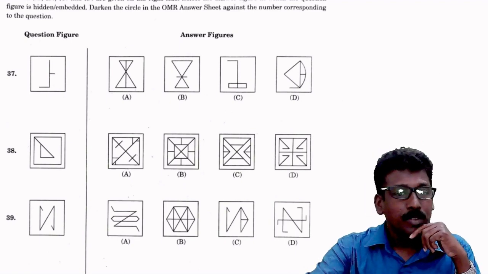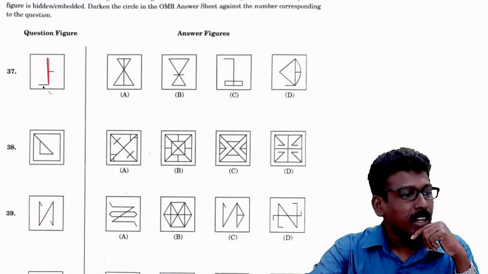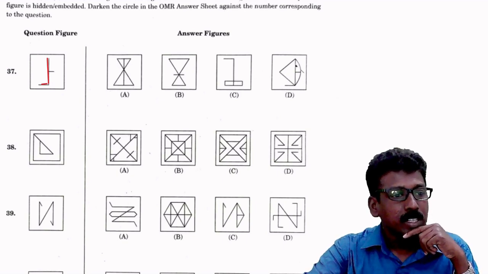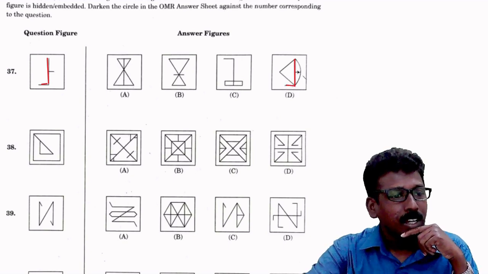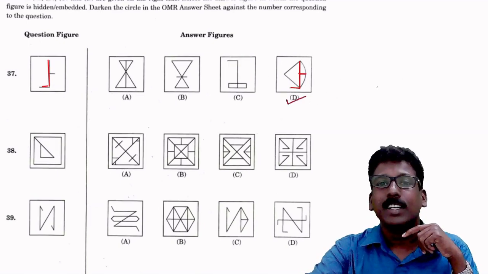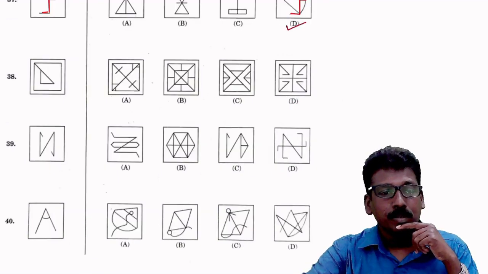Here you can see a figure like this, that reversed L shape. Yes, you can see it is there here. Okay, and a cut also here. So D can be the correct answer. Similarly, you try all the other questions.